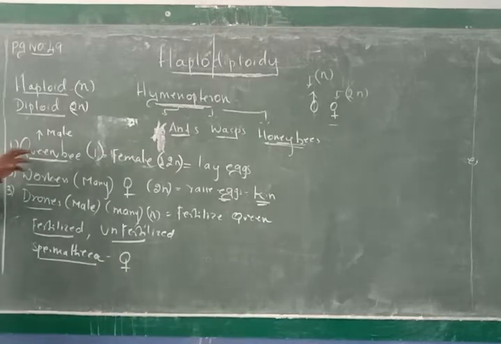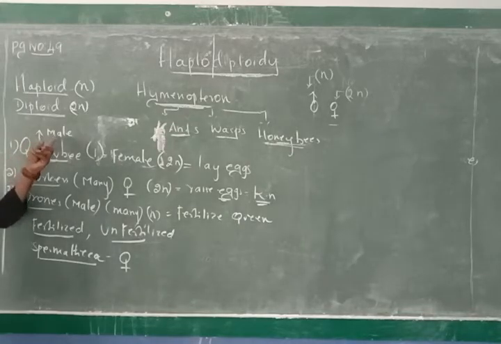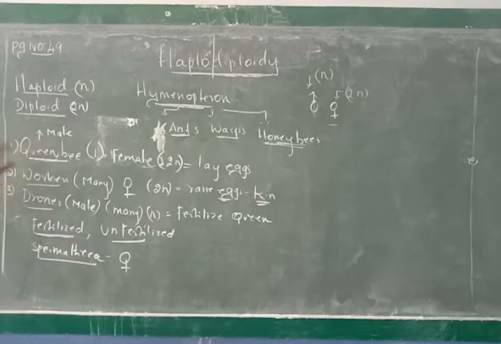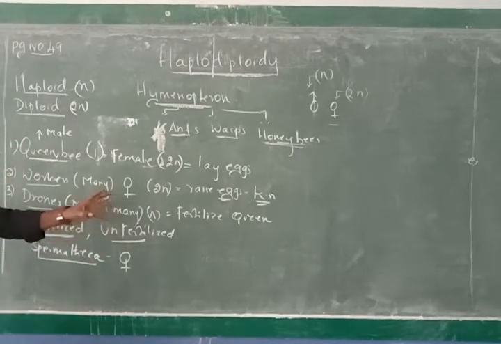Now, this queen bee will send an egg and allow the egg to fuse with the sperm. If the egg fuses with the sperm, it becomes a fertilized egg. Okay? And the queen bee will not allow some eggs to fuse with the sperm and just lays the egg.